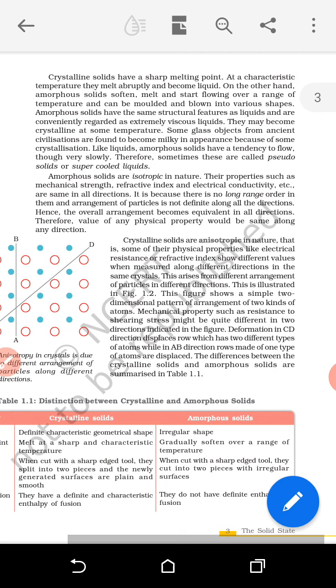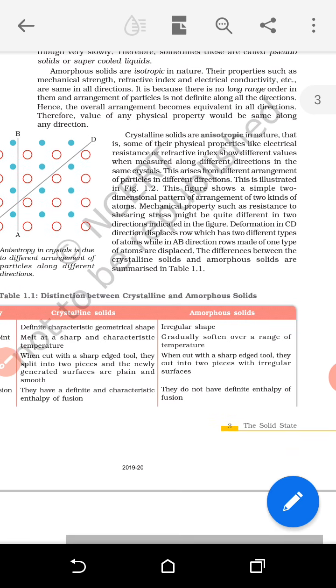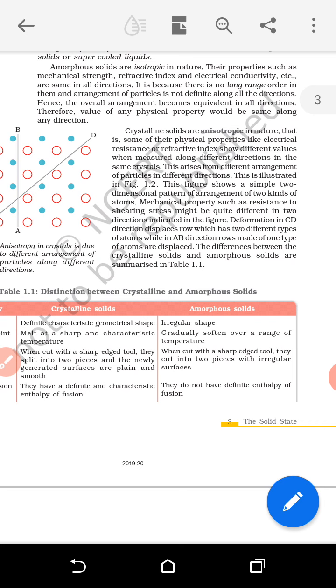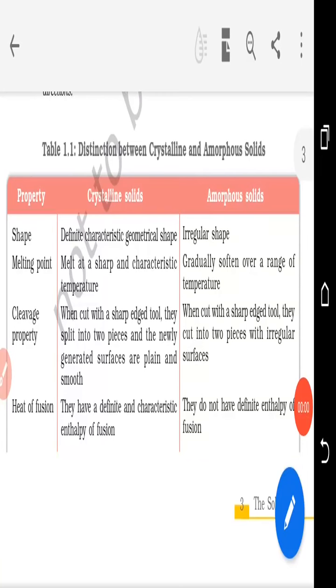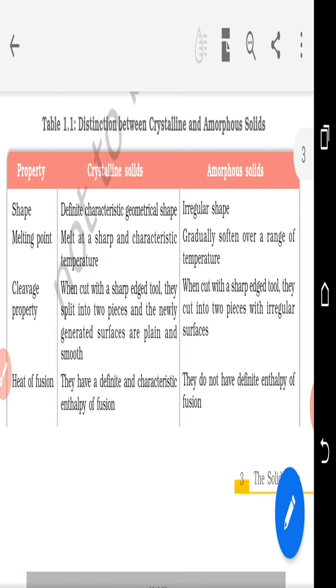Whereas crystalline solids are said to be anisotropic, and these physical properties are different in different directions. The differences between crystalline and amorphous solids can be very well understood with the help of table 1.1 given in the screenshot.